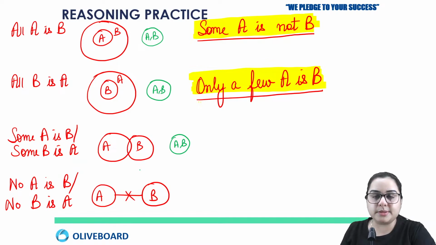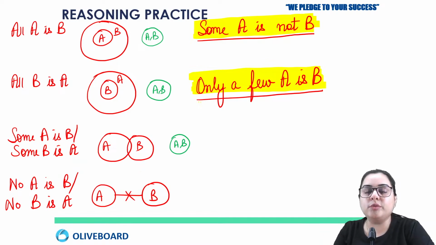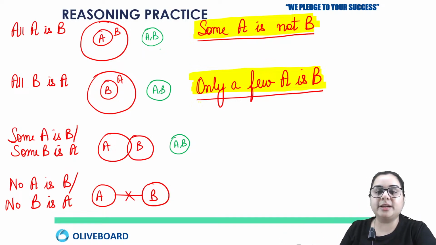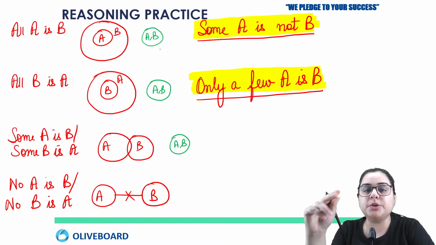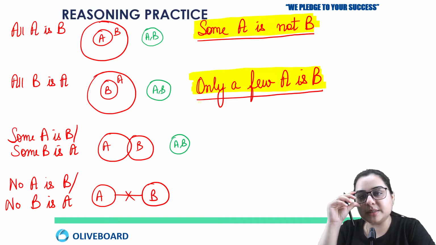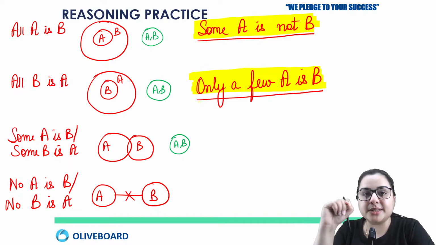There is a possibility of overlapping of A and B in all the statements, whether it is all A is B, all B is A, some A is B, or some B is A. That's the reason we do not make this overlapping diagram between A and B, because that is not going to distinguish the statements. So we do not make this diagram for the given statements.